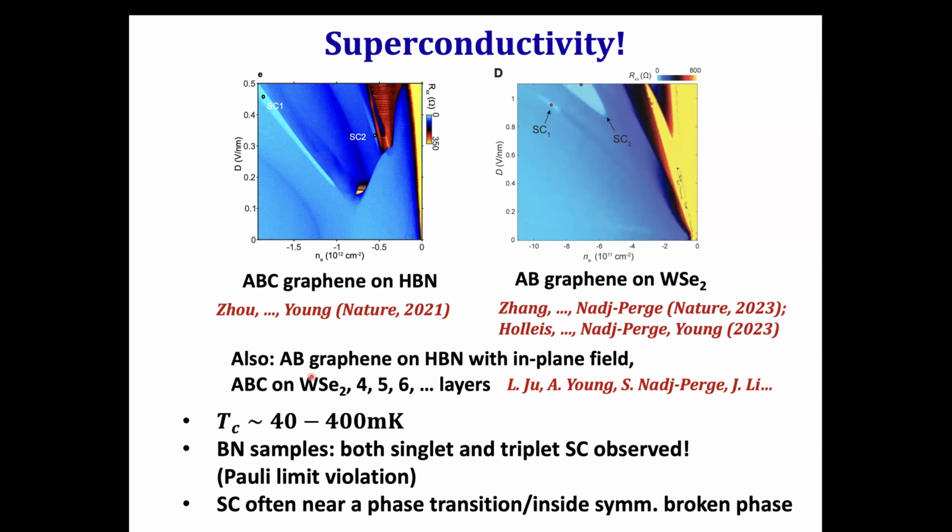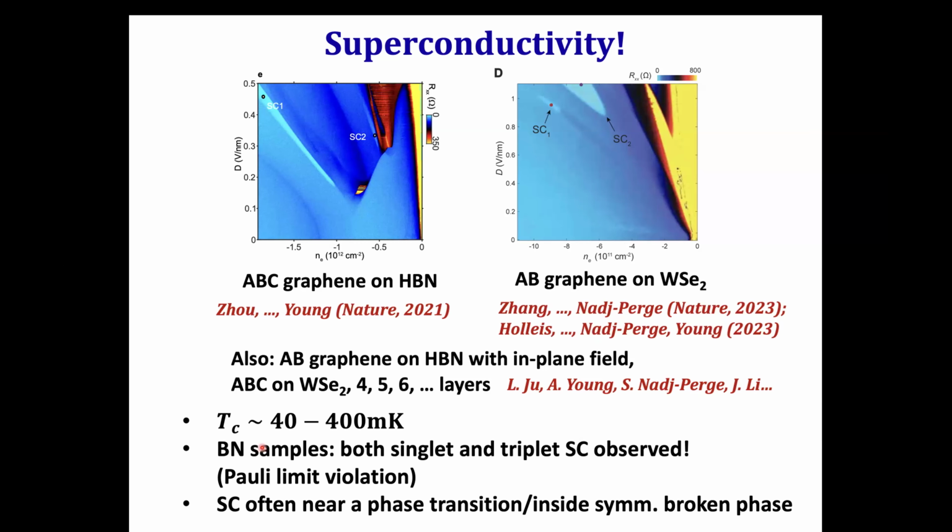Okay, in some systems like the ABC graphene, spin-orbit coupling actually enhances superconductivity by quite a bit, by a factor of 3, enhances Tc. But the interesting thing is that if you have an hBN substrate, there's very low spin-orbit coupling in the system, basically just the native spin-orbit coupling of graphene, which is present but not very big.